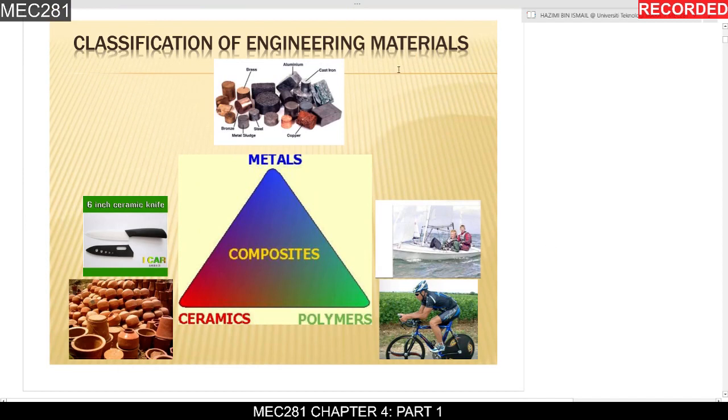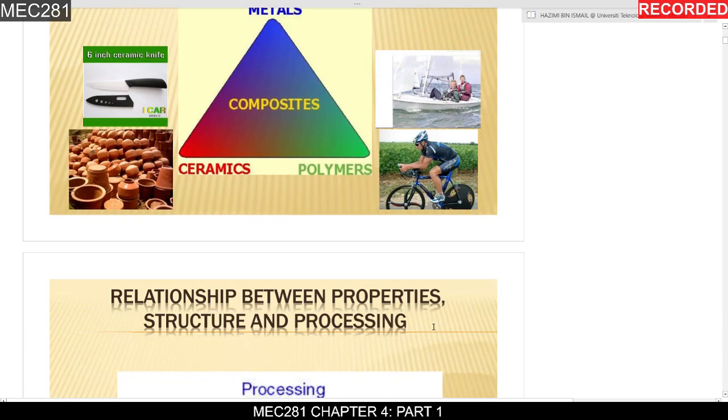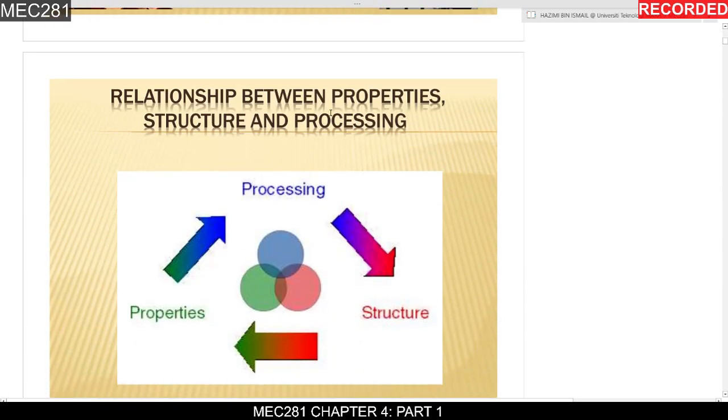So the classification of engineering materials is mostly about the metals, and then we have polymers and also ceramics. Okay, the relationship between properties, structure and processing.